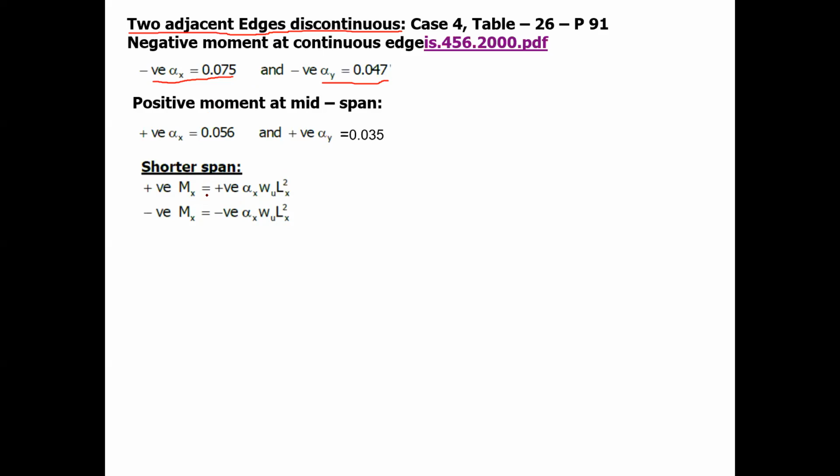Here, how much is the span lx? 4.12, right? Yes, sir. And W, the ultimate load, is 12. Substitute and calculate the Mx value.